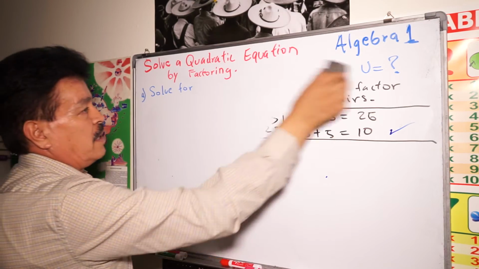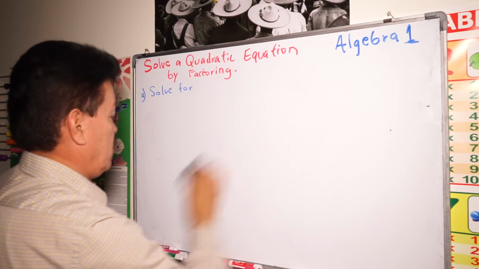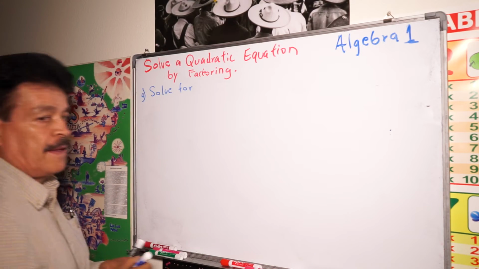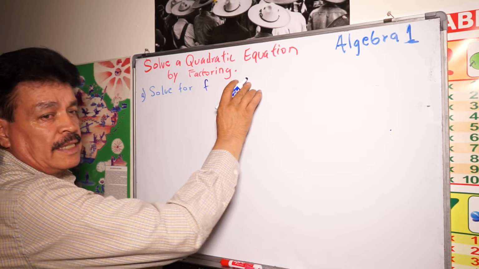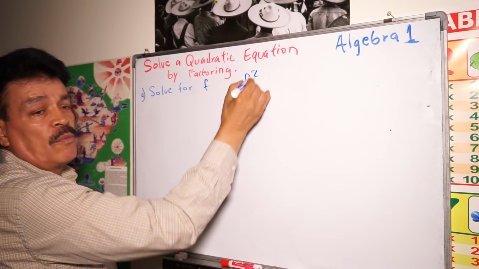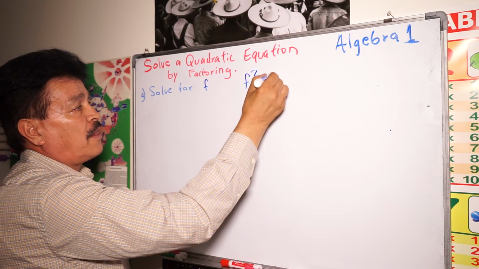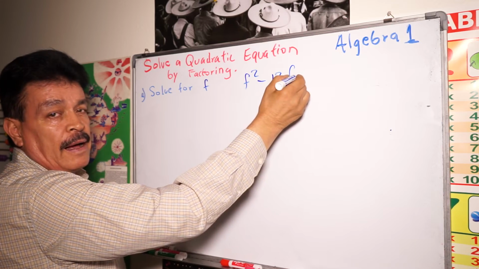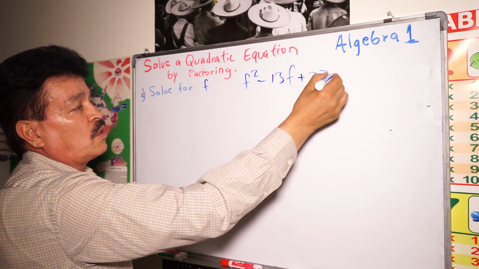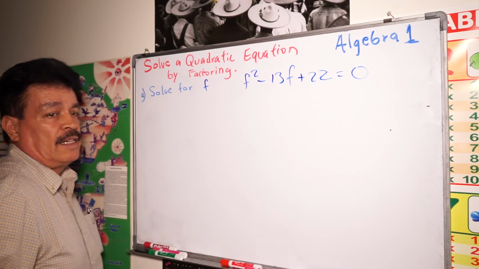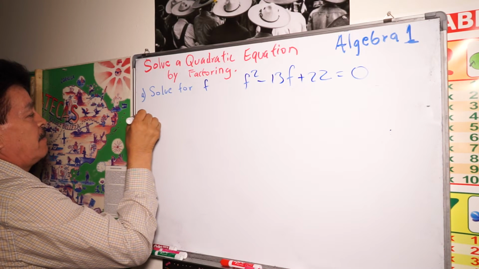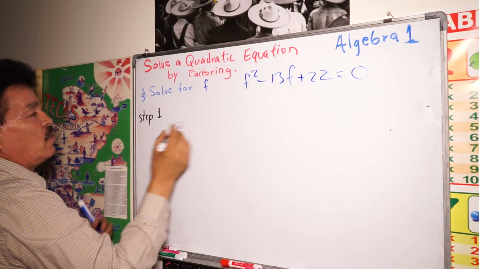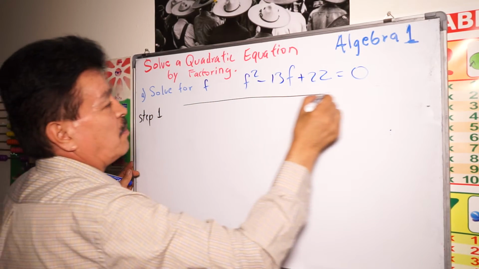Now let me write another problem here. Solve for f. This equation is f to the second power minus 13f plus 22 equals 0. So step 1, make the table. Let me make a little table right here.